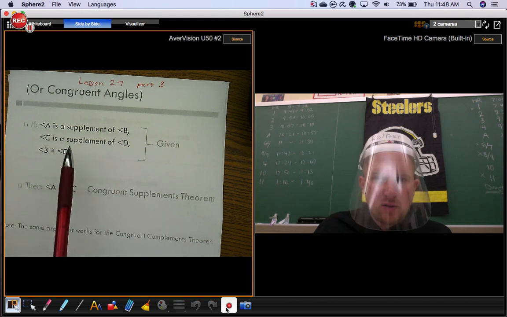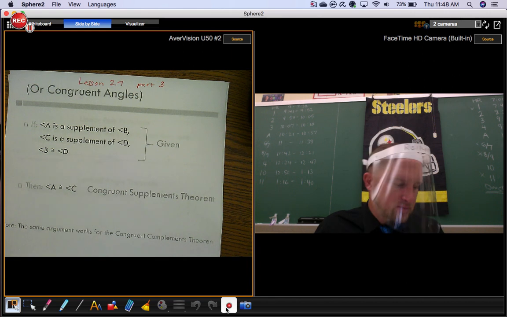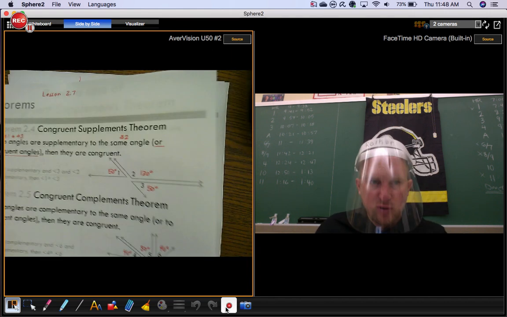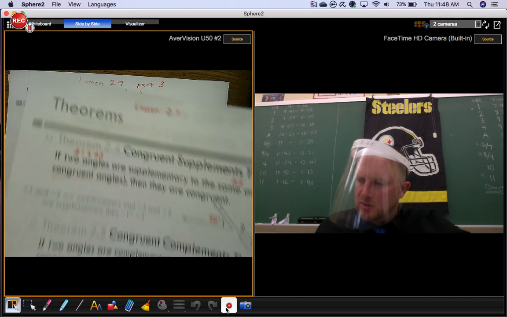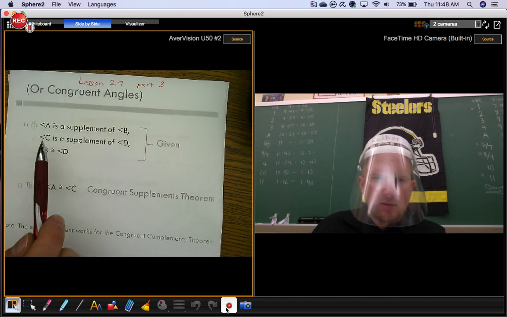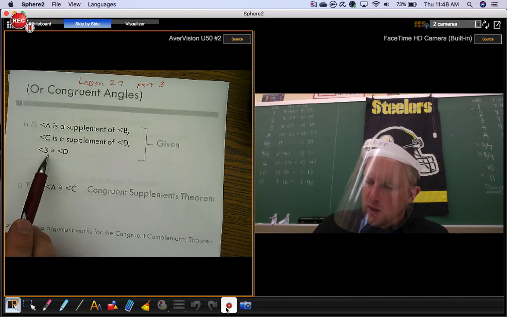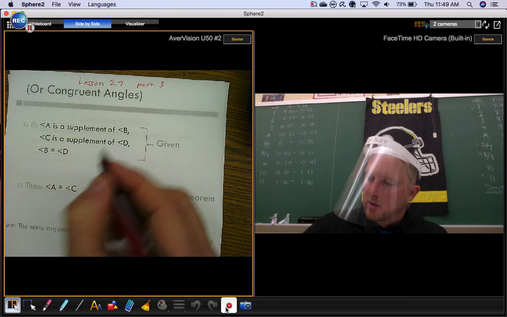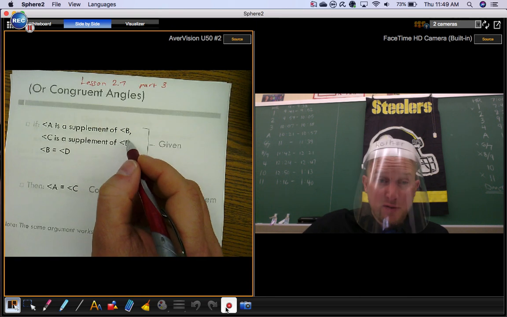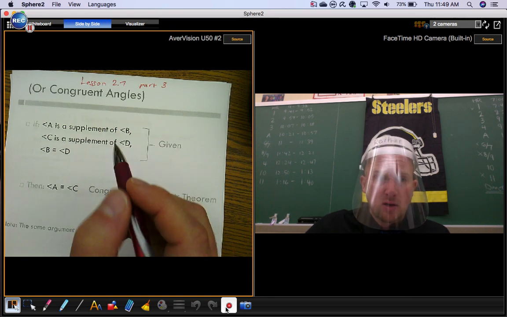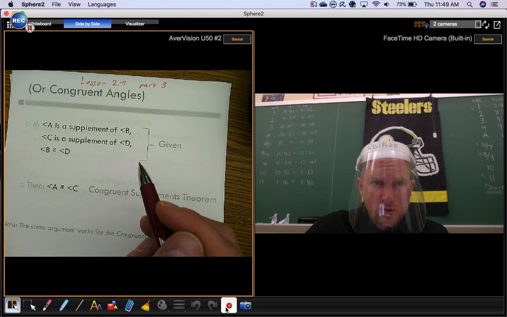You can't use the congruent supplements theorem the way we proved it, because all of these angles are different, A, B, C, and D. There was no shared angle. Well, they also tell you what happens if angle B is congruent to angle D. If these two angles are different, but they're congruent, the congruent supplements theorem works also.